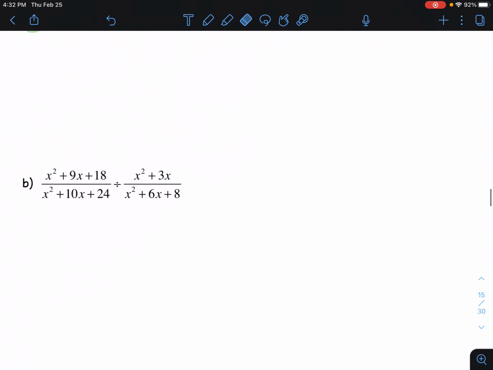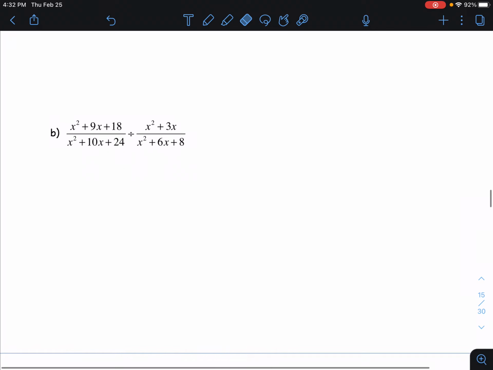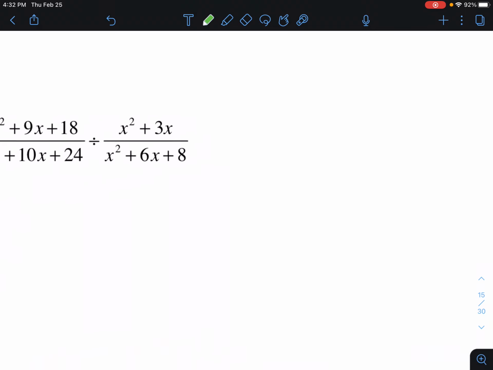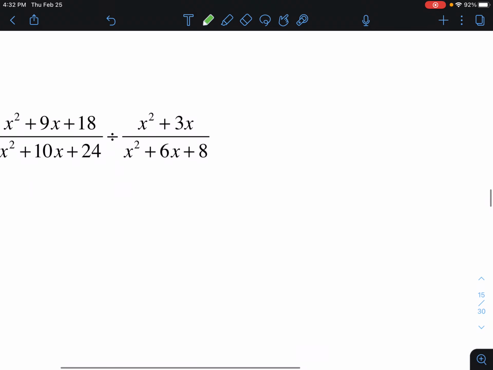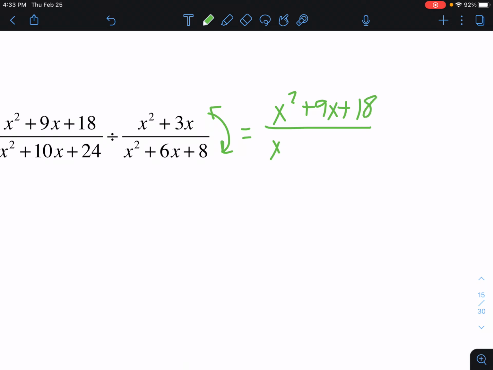Okay, let's try another one. So what's first? We're going to change this into multiplication. We're going to flip the second fraction upside down. Turn it into multiplication and flip the second fraction upside down.